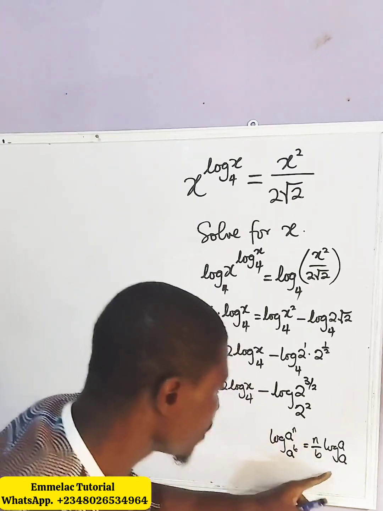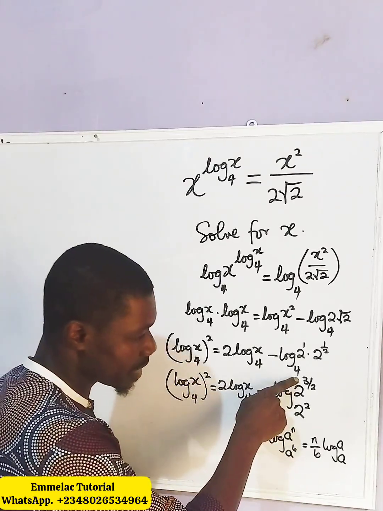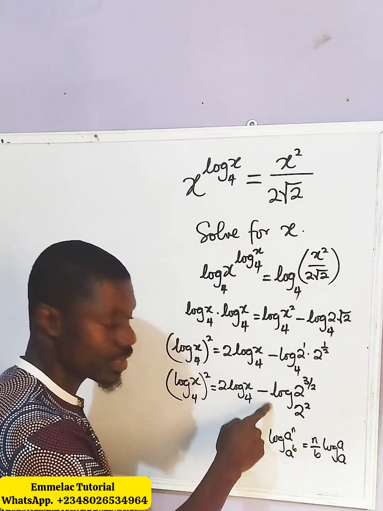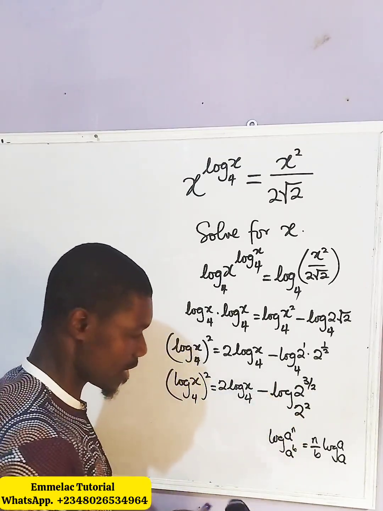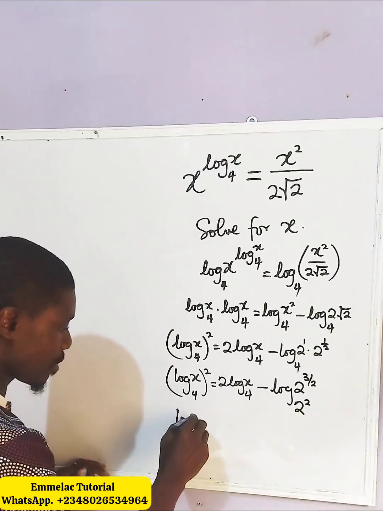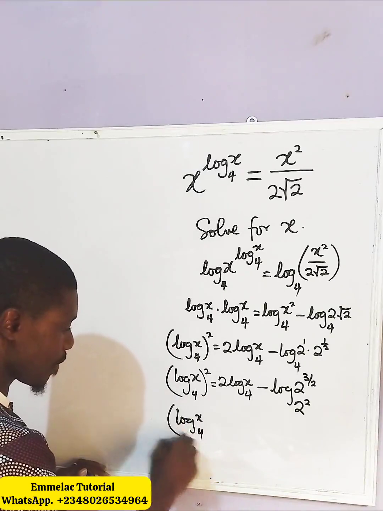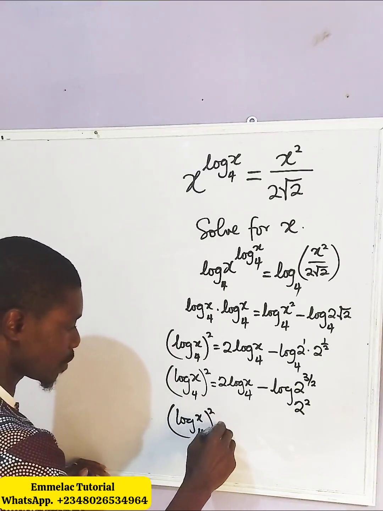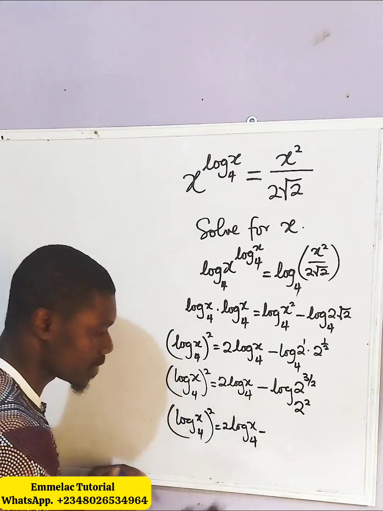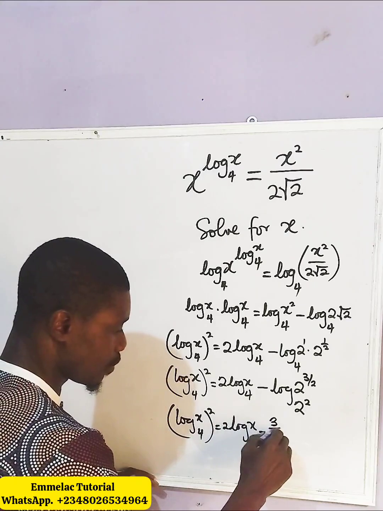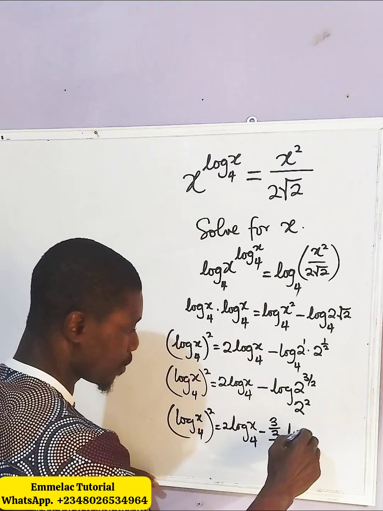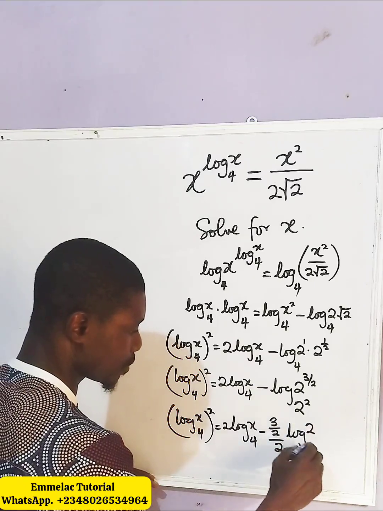So applying this rule here, it means that 3 over 2 and 2 will come over as the base here. So we end up having log x base 4 all raised to the power of 2 equals 2 log x base 4 minus 3 over 2 all over 2 log 2 base 2.